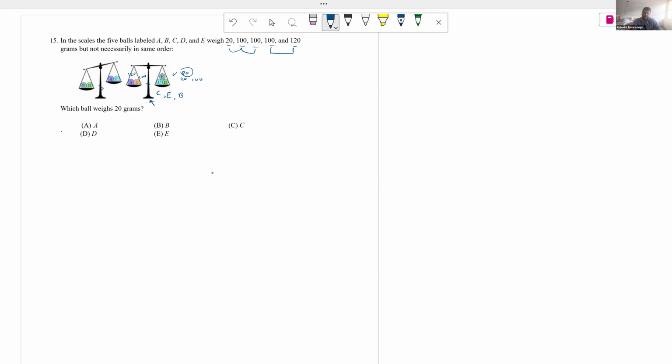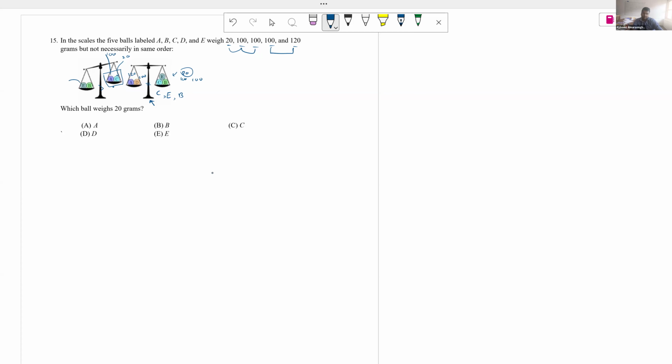And whatever that 20 ball is, if you put it in this scale with anything else, you will get a lower weight. And you can see that C is in here. So my hunch is this is the 20 ball. Can that happen? Let's say A is the next lightest one, 100.